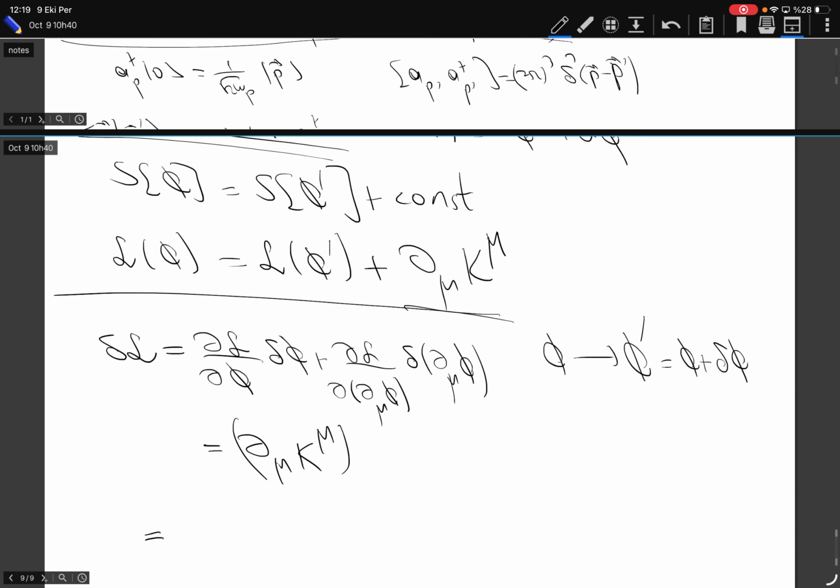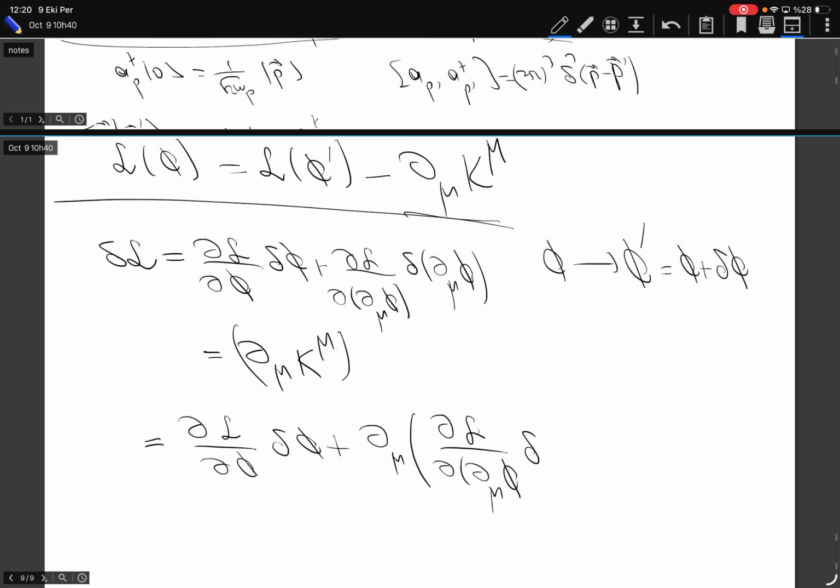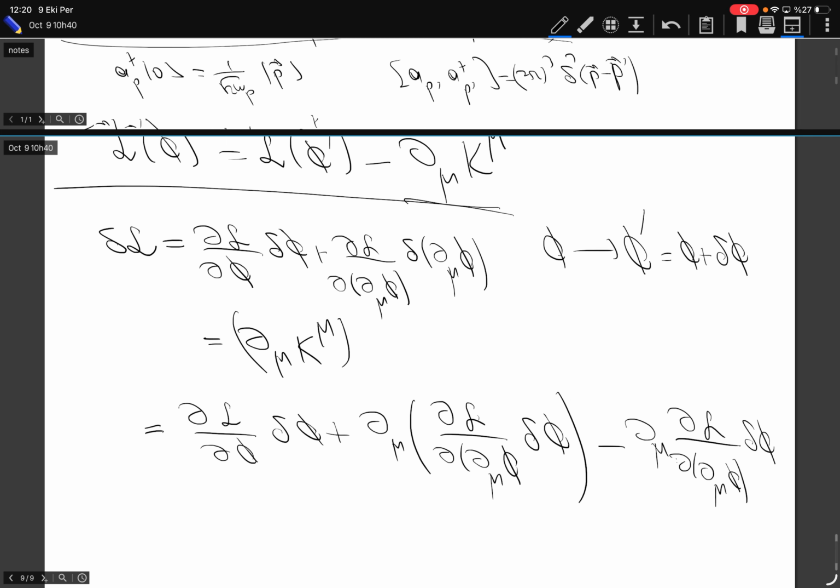Well, del L by del phi is L. Okay, let me put the minus sign over here. Well, this will be equal to the derivative of the Lagrangian with respect to phi, del phi, plus the total derivative of delta phi minus del mu del L by del mu phi delta phi, which should be equal to the divergence of K mu.